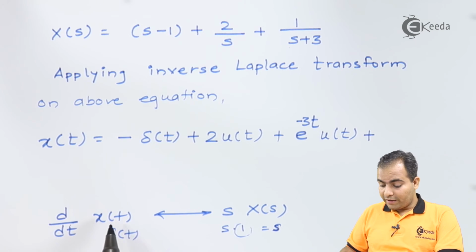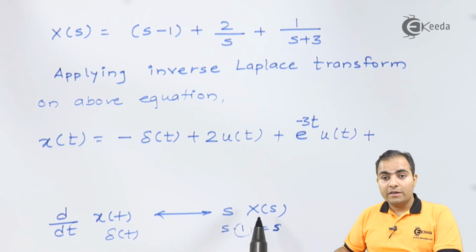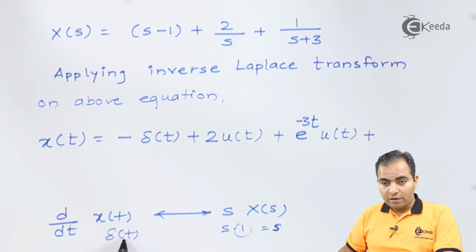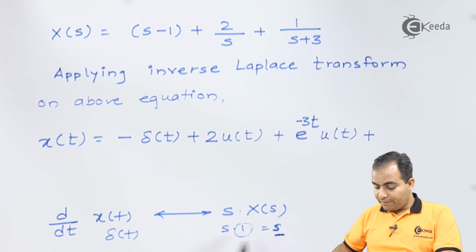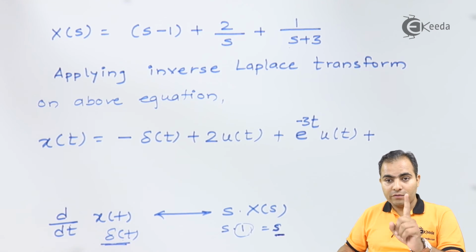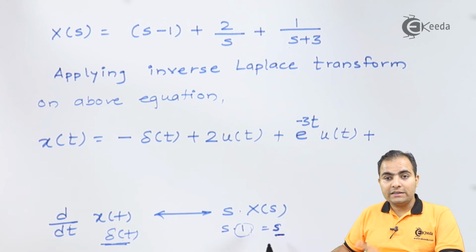If this x of t is replaced by del of t, and we find the differentiation of del of t, then according to the time differentiation property, we first find the Laplace transform of del of t. The Laplace transform of del of t is 1, and then we multiply it by a simple s. So s into 1 is s, which means that if we differentiate del of t once, the answer is s.